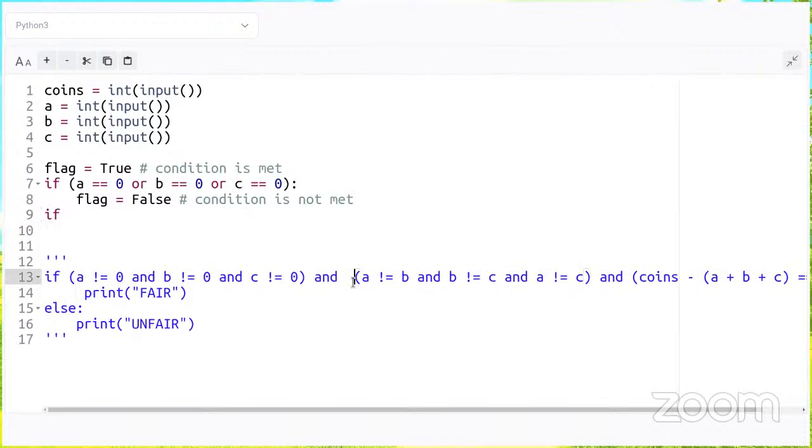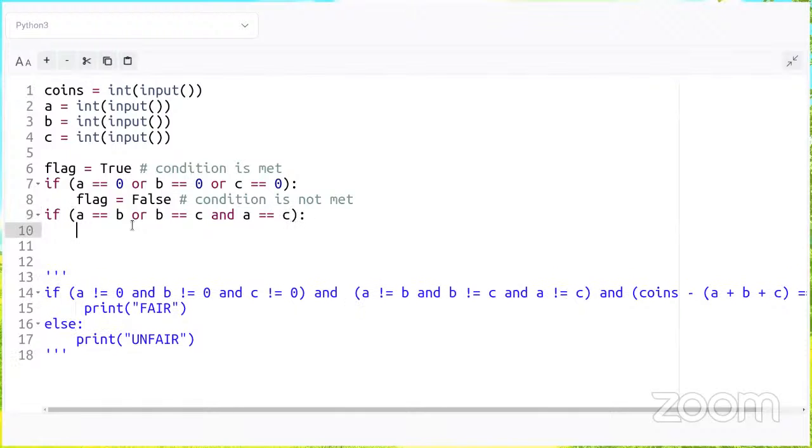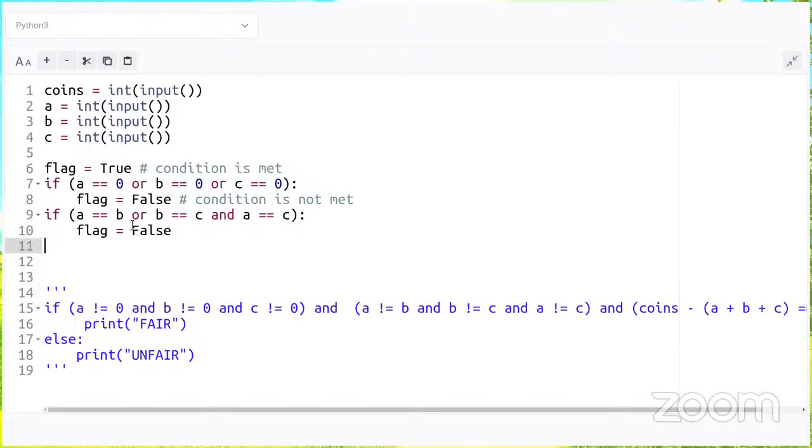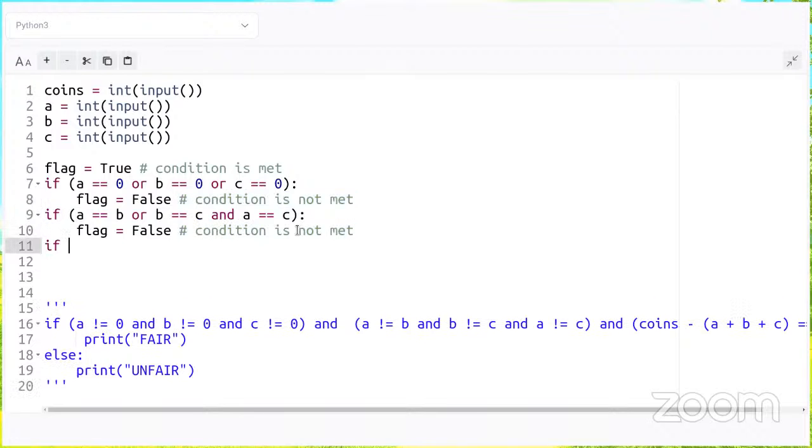Now I take the next one: if A double equal to B, or B double equal to C, or A double equal to C. If some two of them are equal, then also I know that the condition is not met.